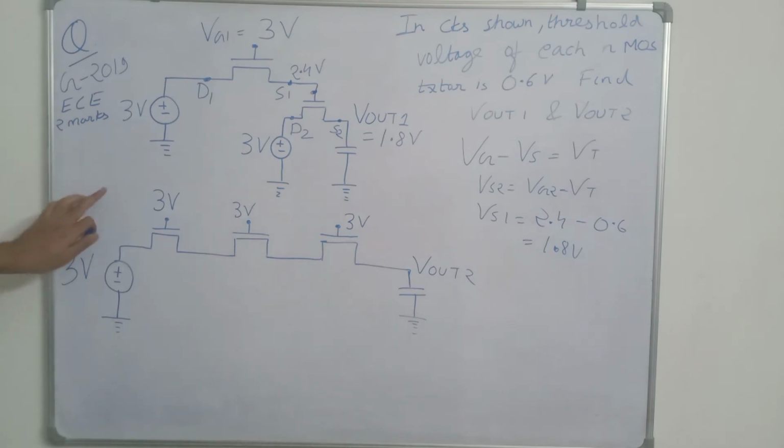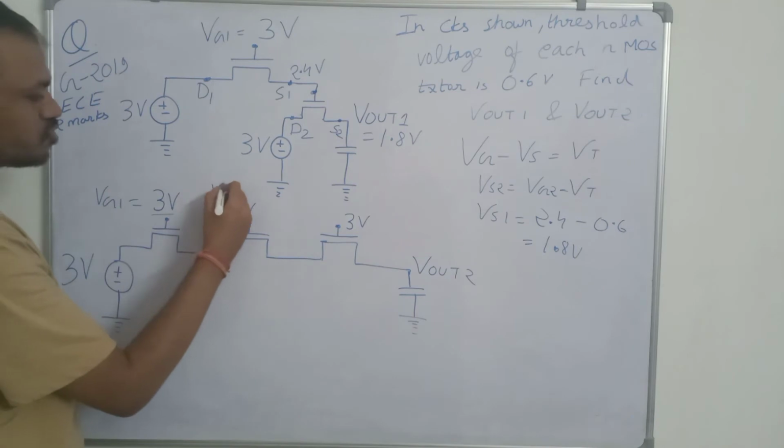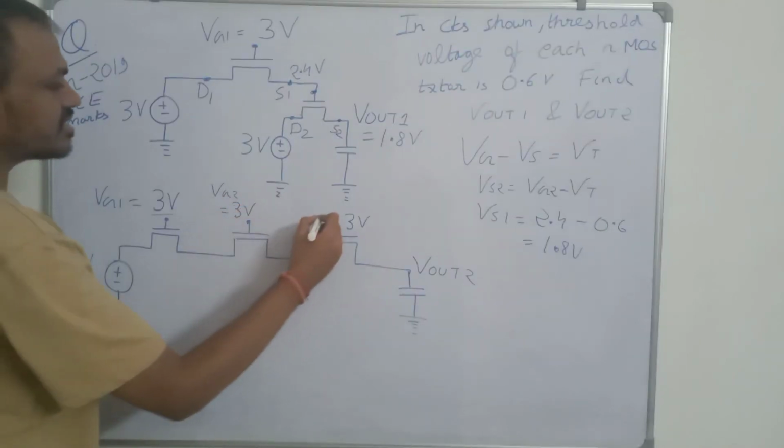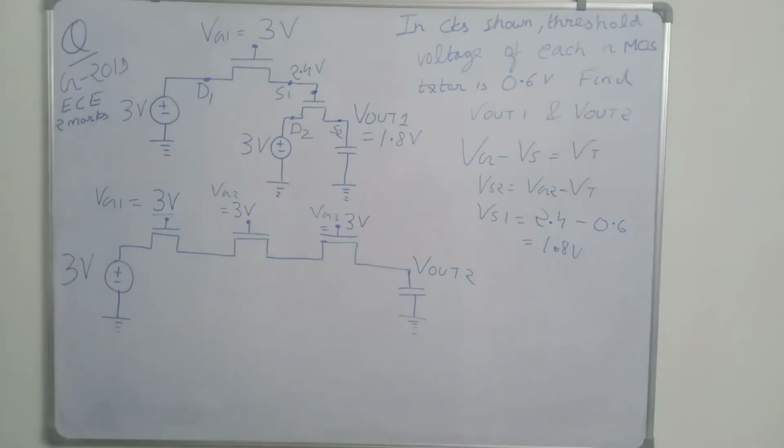Now in this circuit again, this is 3 volt, so it is Vg1. This is Vg2. This is Vg3. So again we don't have to find the source voltage for these terminals, but we can find.